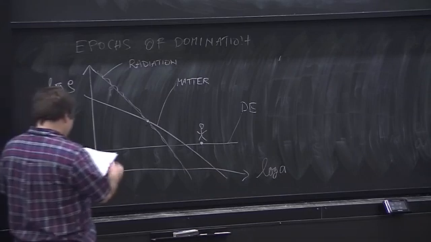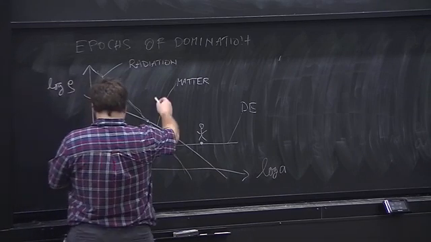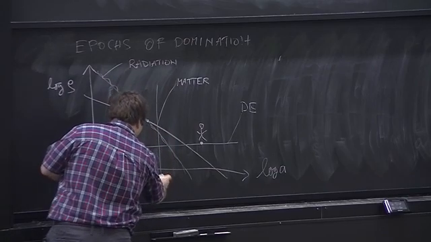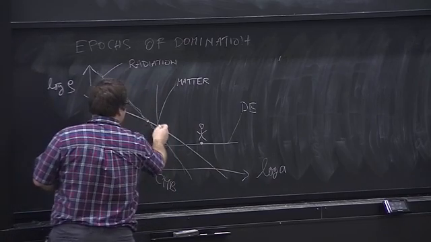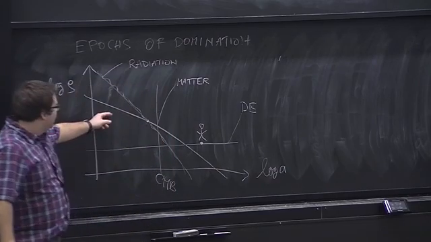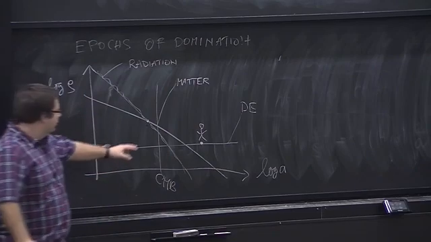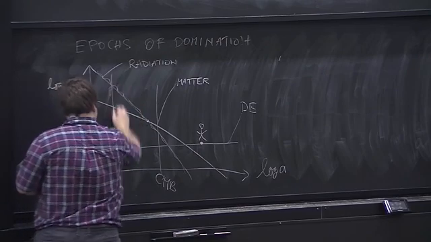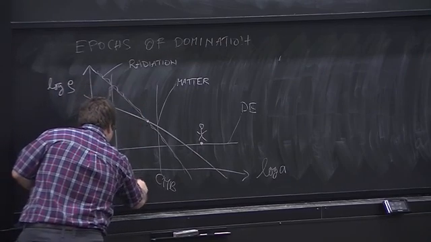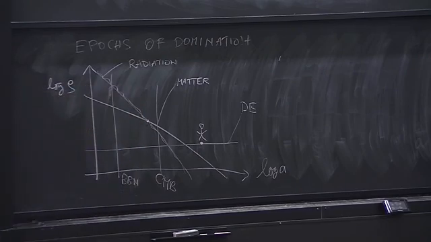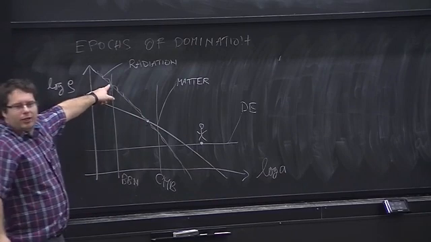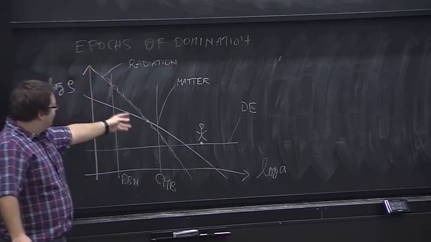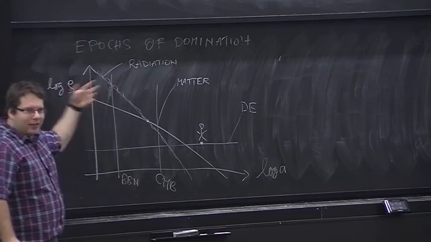Some other interesting things: the CMB was released somewhere here, so it's already in the matter-dominated part. And then there is Big Bang nucleosynthesis, which we'll discuss maybe on Friday, and that was in the radiation-dominated era. Whichever contribution to the density is the biggest, that's the corresponding era.